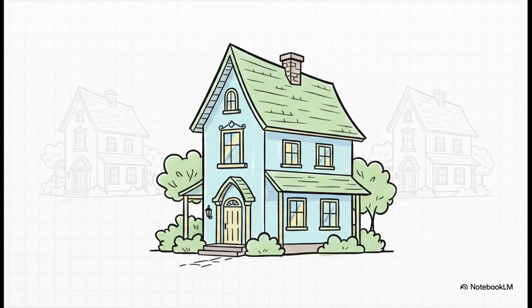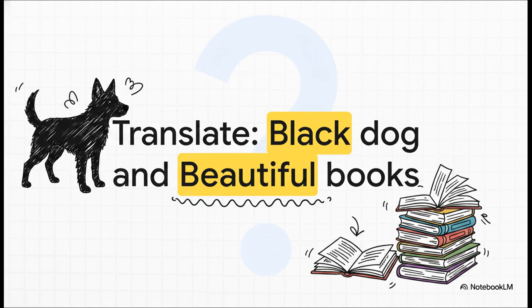Great job with that. Let's try another one, but this time with a non-inflecting adjective. Here we have beautiful house. The word for beautiful is sundar, and house is ghar, which happens to be masculine. Repeat after me. Sundar ghar. Perfect. And notice, if we had beautiful houses, plural, it would still just be sundar ghar, because sundar absolutely refuses to budge.